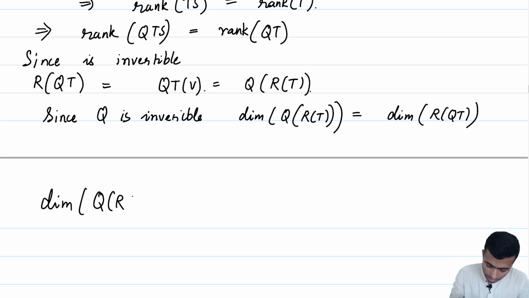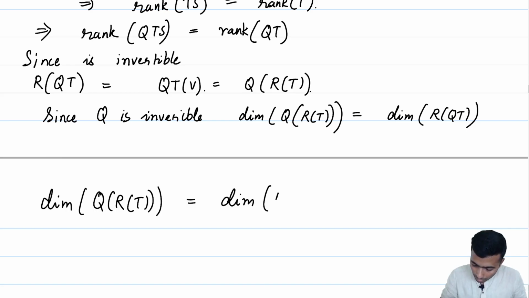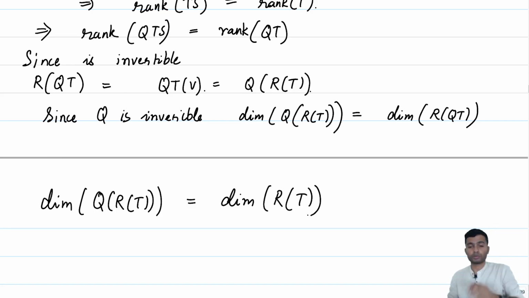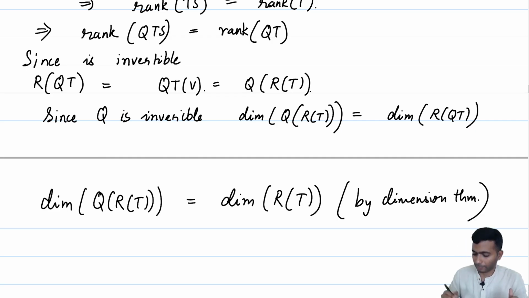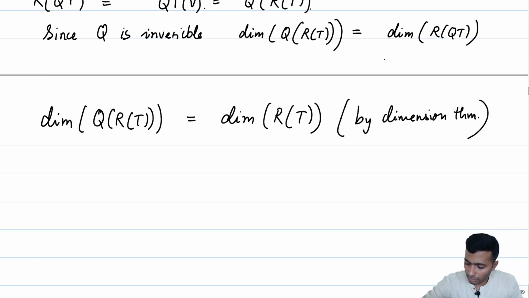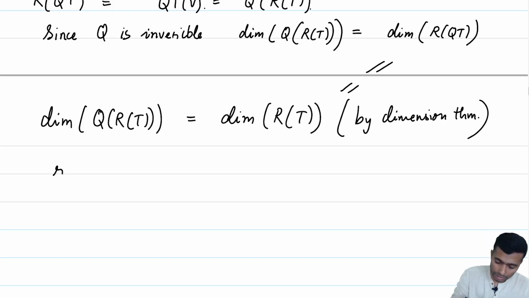Dimension of Q of R of T is the same as dimension of R of T. This is what we can get from the dimension theorem. The previous theorem is just a rewriting of terminologies. This is by the dimension theorem. But then we already know this, so I will put an equal sign here and tell you that rank of QT is now equal to the rank of T.